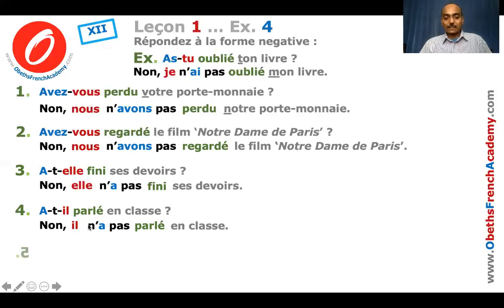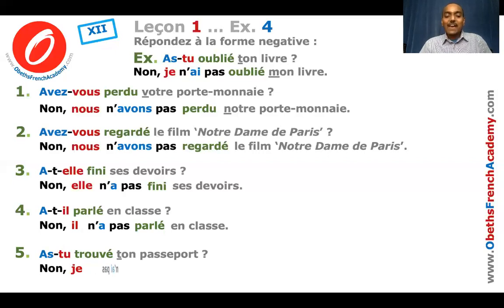The fifth question. As-tu trouvé ton passeport? Have you found your passport? So when the subject is tu, your possessive adjective is ton. So have you found your passport? And your negative answer, no, I. See, when the subject is tu, it is second person singular. And how the other person will give the answer, he'll use the subject pronoun I. No, I have not.